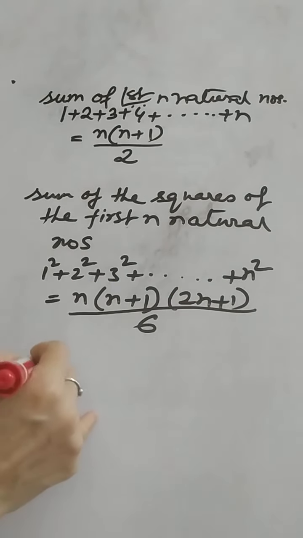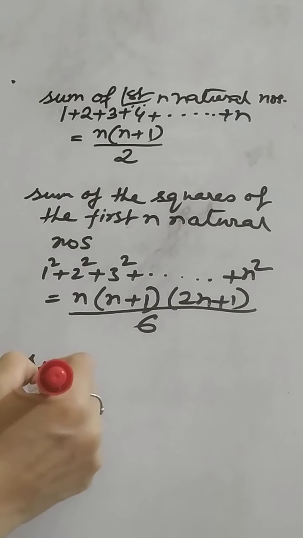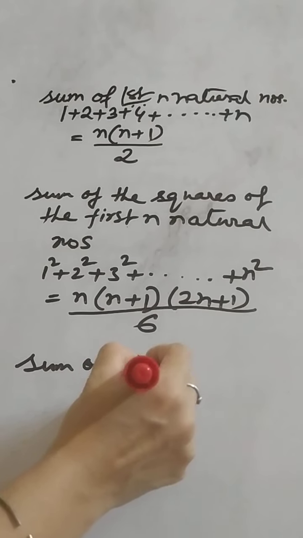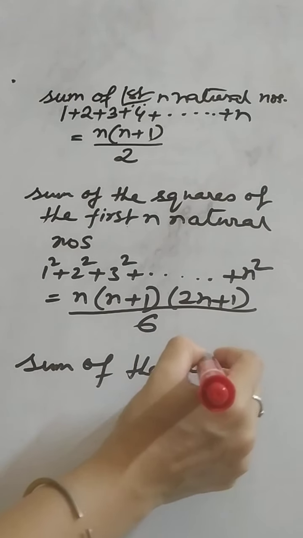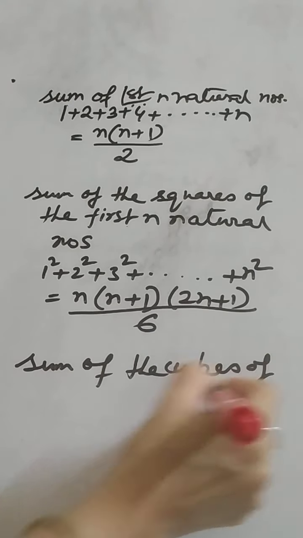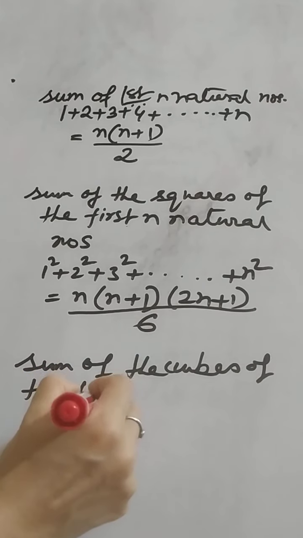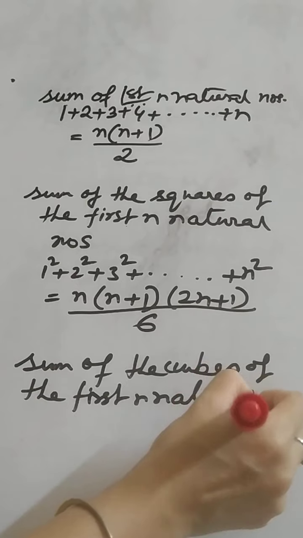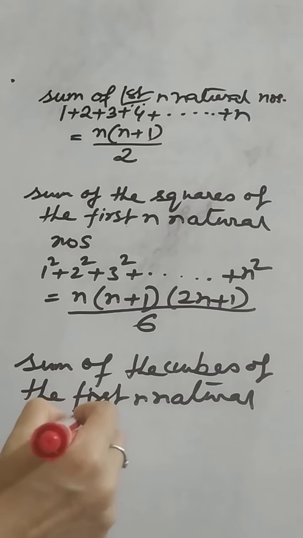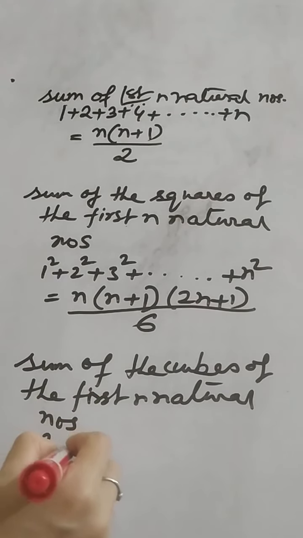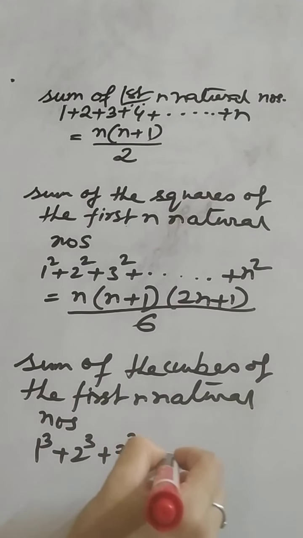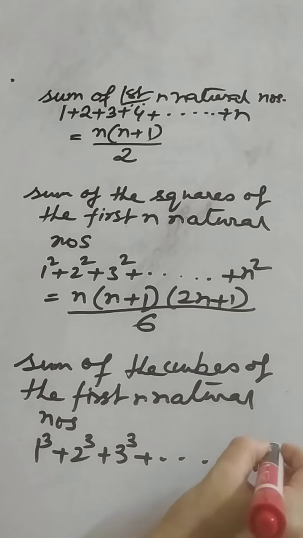And the third one that we should remember for solving our problems is the sum of the cubes of the first n natural numbers, that is 1 cube plus 2 cube plus 3 cube plus dot dot dot plus n cube.